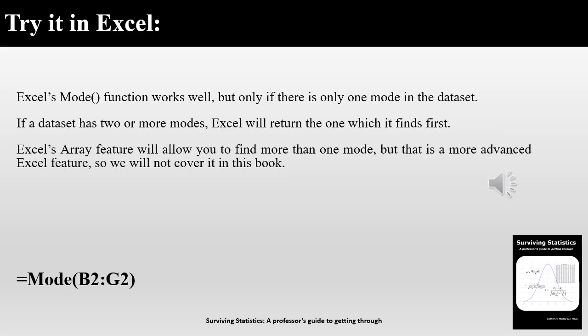As Excel has many other functions that help us with descriptive statistics, Excel also has a mode function. However, it's really only helpful when there's only one mode. If there's more than one mode, you might consider using Excel's array feature, but that's a little bit more advanced than I'm going to cover in this textbook.